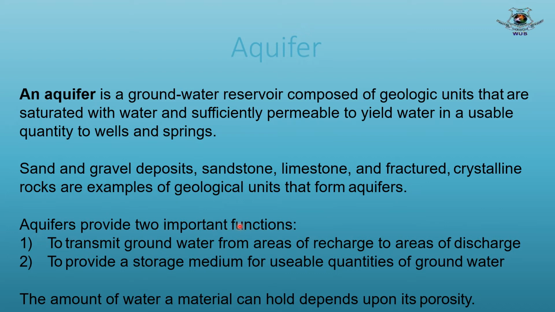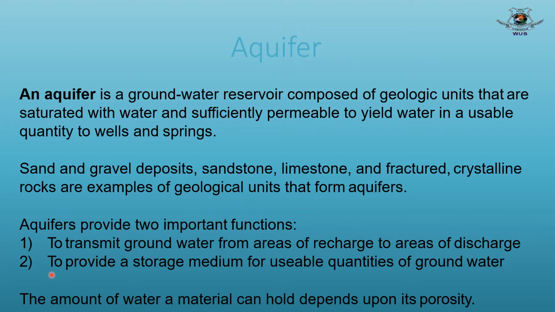Aquifers provide two important functions. First one is to transmit groundwater from areas of recharge to areas of discharge. As we know, an aquifer is an interconnected reservoir or space in soil, so recharge or discharge of water from any point of this reservoir influences the whole aquifer.